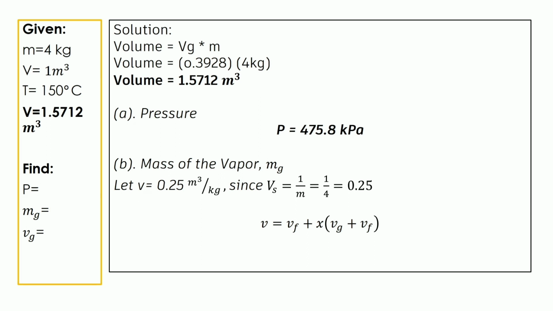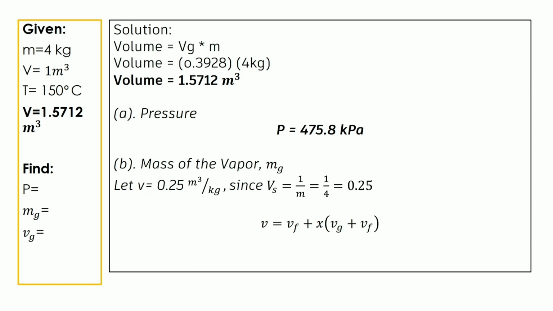After that, we need to find the mass of the vapor, that is denoted as a small letter m sub small letter g. So let us denote our v as equivalent to 0.25 cubic meter per kilogram, since our specific volume is equivalent to the reciprocal of its mass, which here is 4 kg.